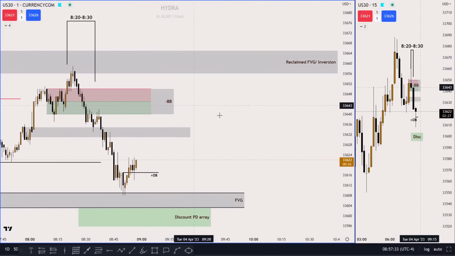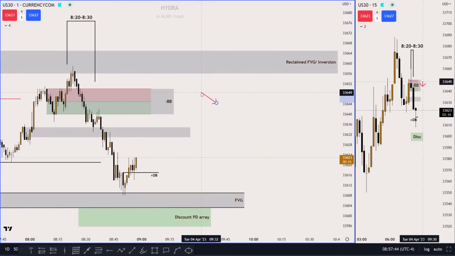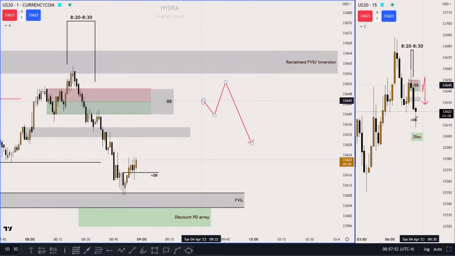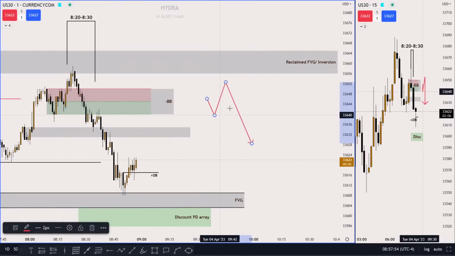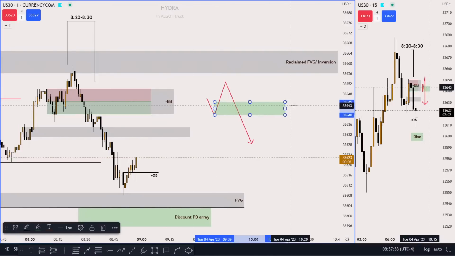Okay, let's talk more about breaker block. Let's clear some confusion about it, because a lot of you know what a breaker block is, but... okay, so that's our breaker block, right? This down close candle that you see, if you extend it out in time, that's a breaker block.